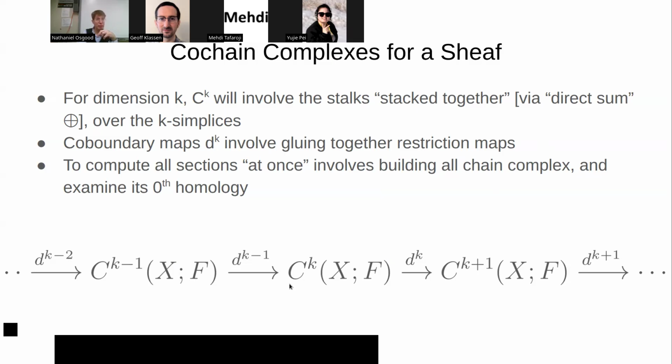That's the sheaf. See this F? Each of these will be a vector space. But, and this is super important, it will no longer be a vector space whose basis is given by the simplices.